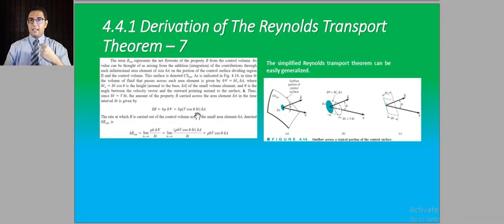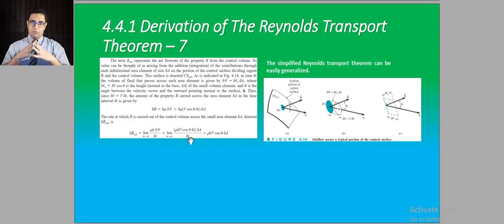Delta l itself, by having the projection concept of the velocity on the normal vector of the control surface, is going to be V cosine theta delta t. V delta t is itself delta l, excuse me. When we want to project it, we have to multiply by cosine theta.